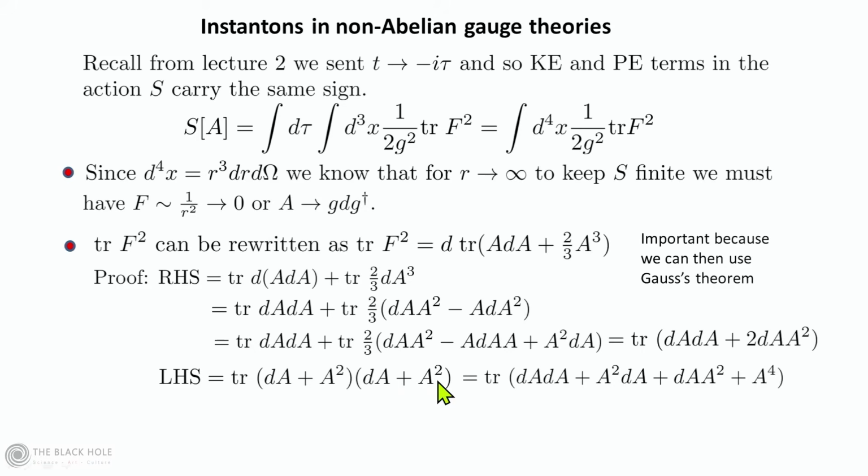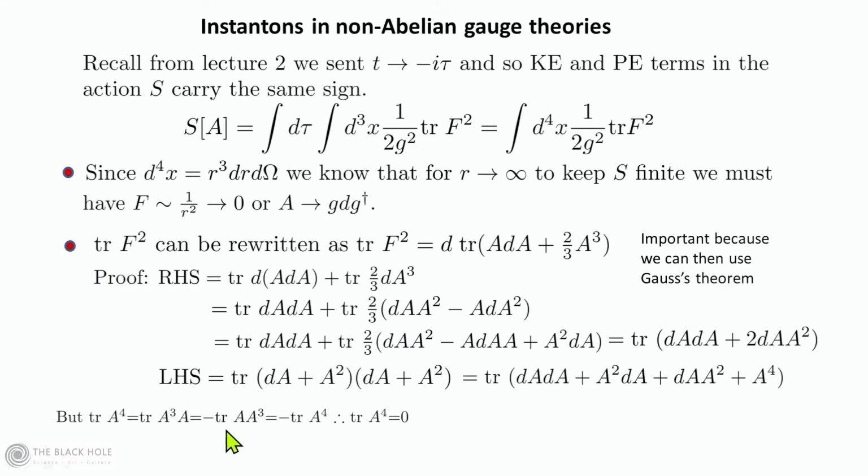Now, A to the 4th, I am multiplying 4 one forms together. Let me persuade you that the trace of that has to be 0. Why? Because I can write A to the 4 as A cubed into A. But I can use the trace property and write this as A into A cubed.